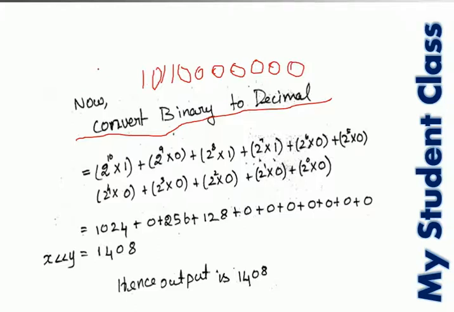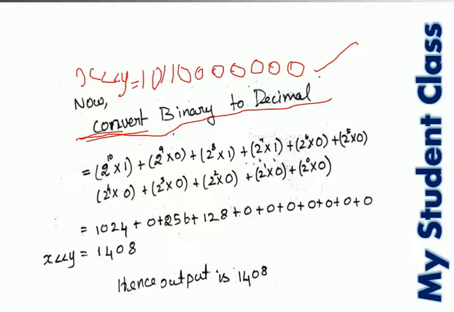So this is our x << y. Now we are going to change this into a decimal value using this concept.